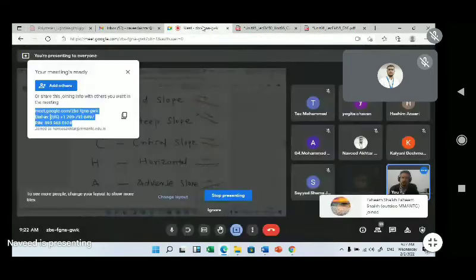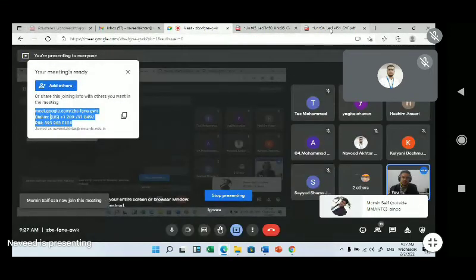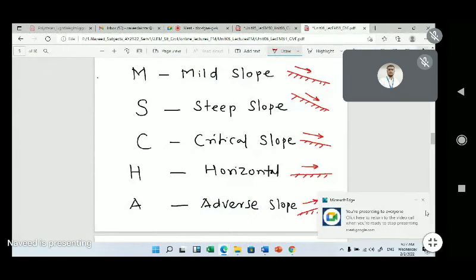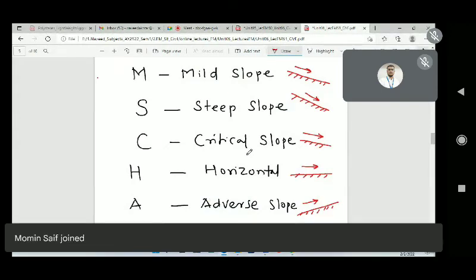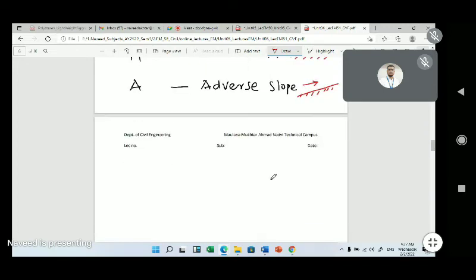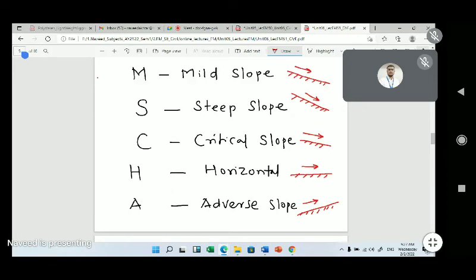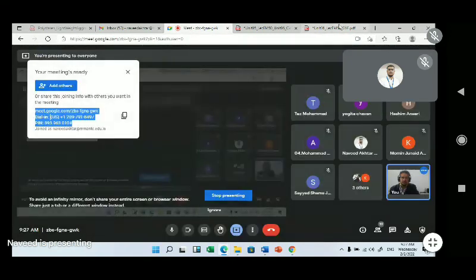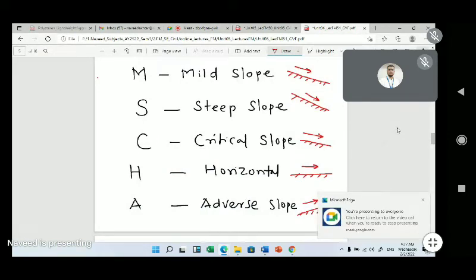You should know this terminology, and remember that S0 is the slope of bed, and these are classified based on the slope of bed.